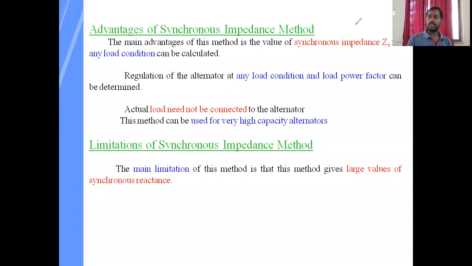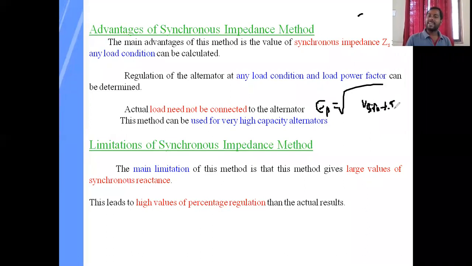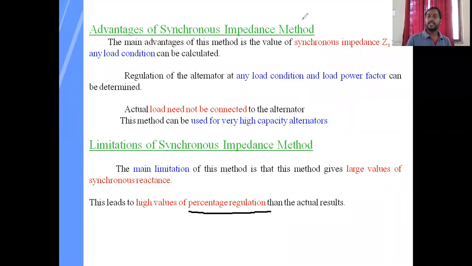That is one of the limitations of this method. And because of this, it will give more voltage regulation, because E phase is equal to under root of (V cos phi plus IA R)^2 plus (V sin phi plus IA XS)^2. So if XS increases, the E phase also increases, so the percentage regulation will increase. So that is another limitation.